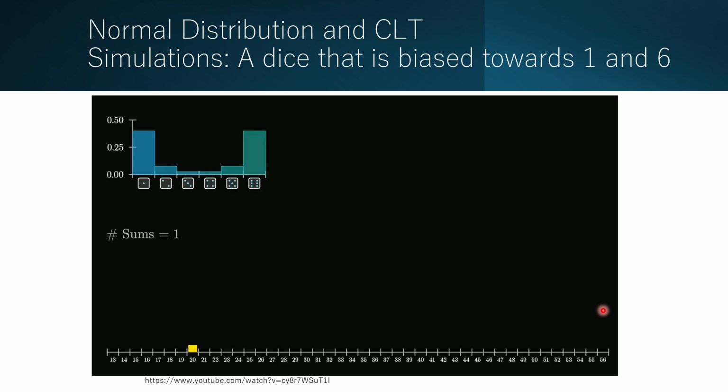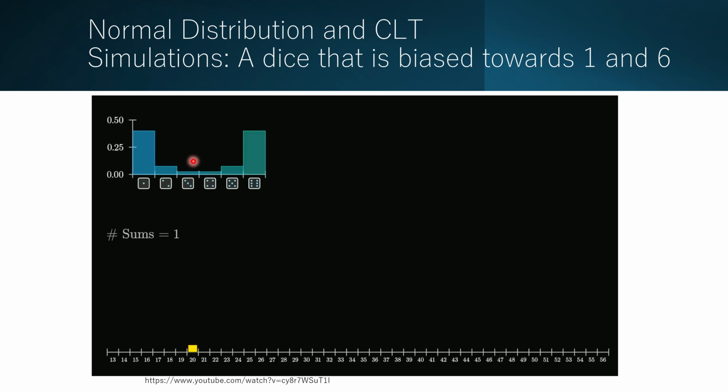Okay, next we can check the animations. We can check how the CLT works by using the animations. To make the central limit theorem easier to grasp, imagine rolling a biased die that lands on 1 and 6. The probability of 1 and the probability of 6 is very high.